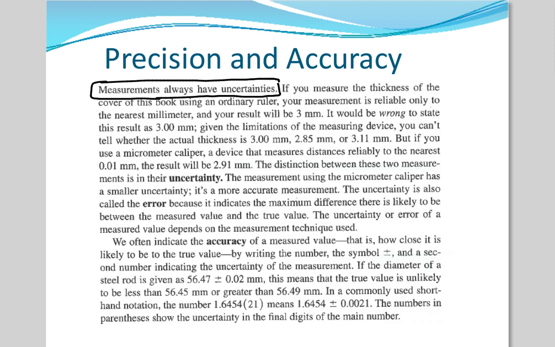Okay, so if you measure the thickness of a cover of a book using an ordinary ruler, your measurement is reliable only to the nearest millimeter, just like how we had it. So we could only go to 2 decimal places. And the second decimal place has uncertainty. So when I go 4.15, this one here, this one's uncertain. Okay?